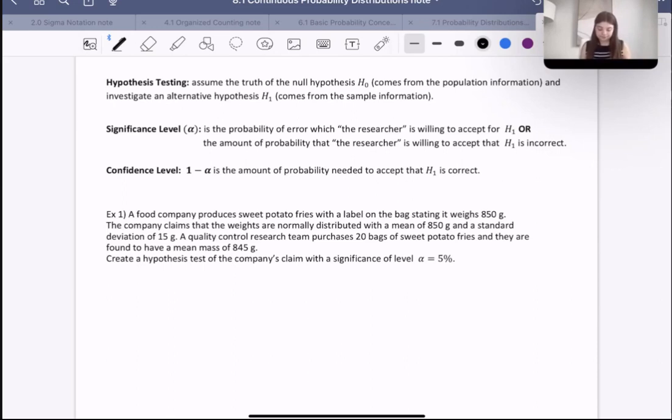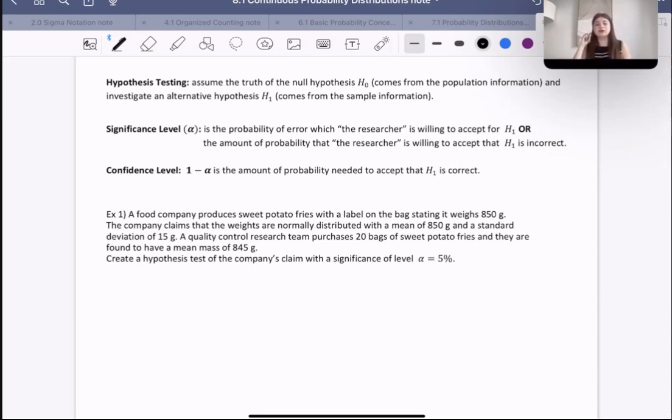Okay. Now that brings us into confidence level. So 1 minus alpha is the probability amount needed to accept that the alternate hypothesis is correct, and that therefore the first hypothesis, the null hypothesis, we can reject it. It's not correct. One thing I want to mention too is that we can never actually accept the null hypothesis.